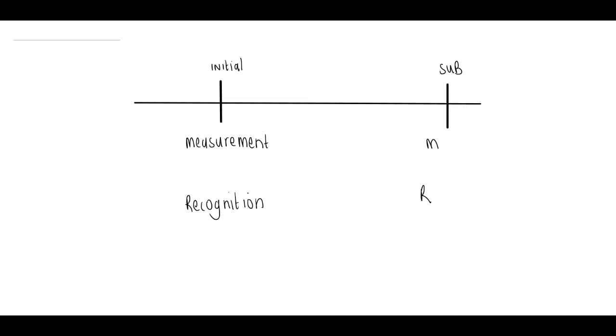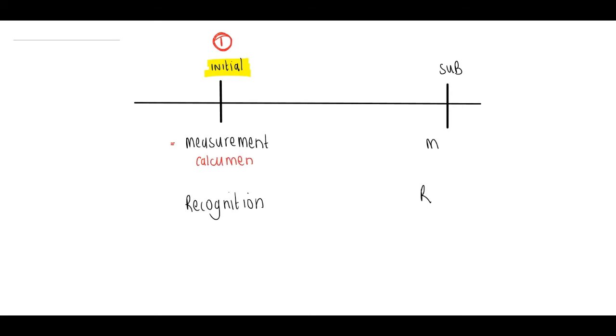Now, if we look at initial, initial is the first day of this transaction. When we buy the asset, when we recognize our asset, when we recognize our liability, when we enter into that contract. Measurement will be how do we calculate the amount.